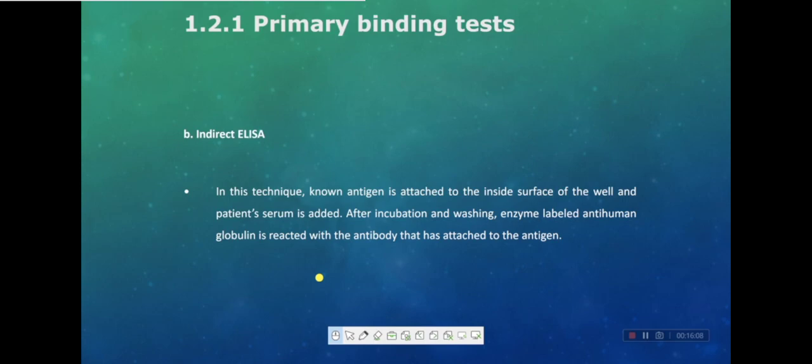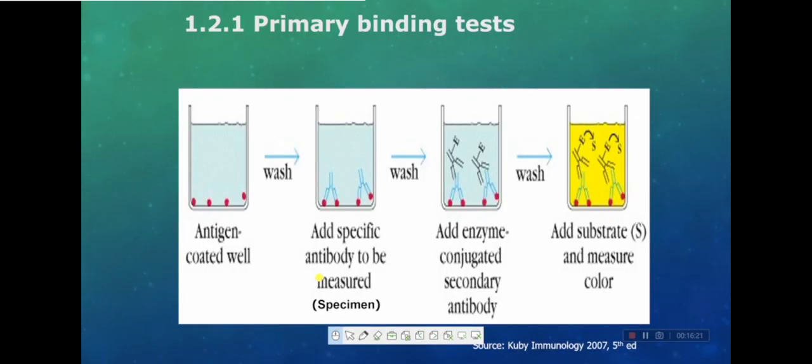Then the presence and concentration of the antibodies which have reacted with the antigen is shown by a change in color of the substrate. The more intense the color is, the higher the concentration of antibody in the serum, right? So this is how it is performed. The indirect ELISA is used in the diagnosis of several parasitic infections and is being increasingly used in the diagnosis of bacterial, fungal and HIV infections also, right?